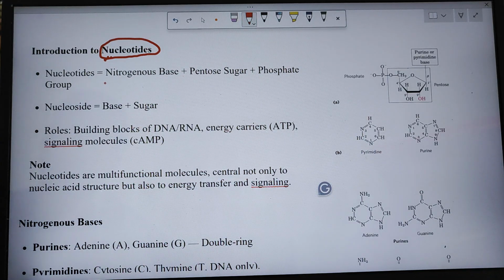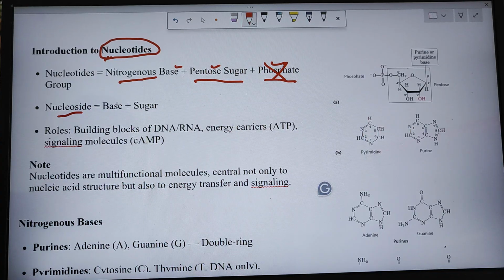Nucleotides are organic molecules made up of three parts: a nitrogenous base, a pentose sugar, and a phosphate group. When a nucleotide lacks the phosphate group, it's called a nucleoside.